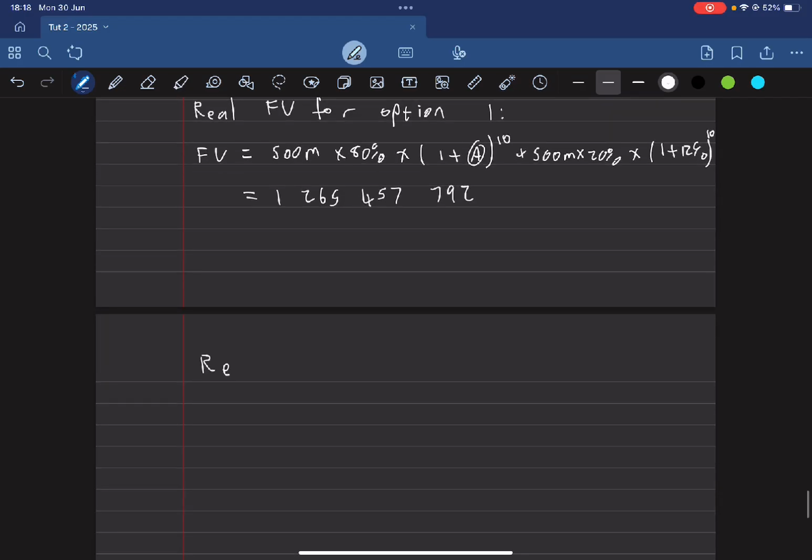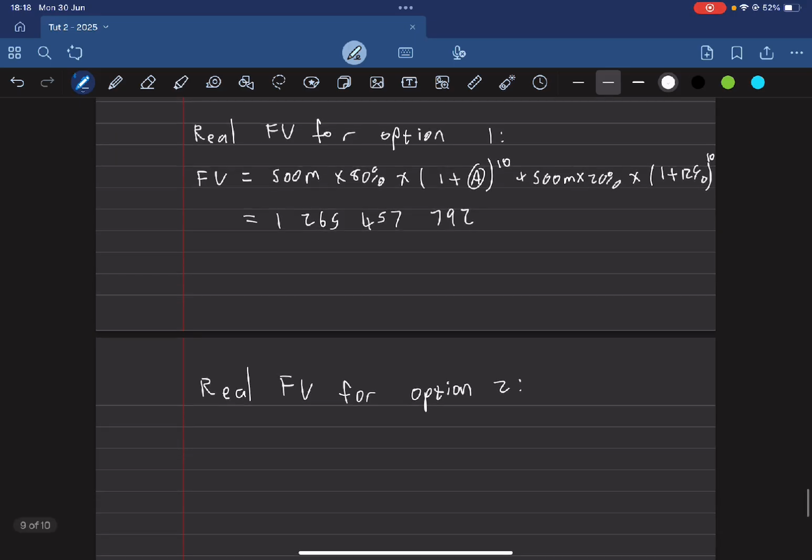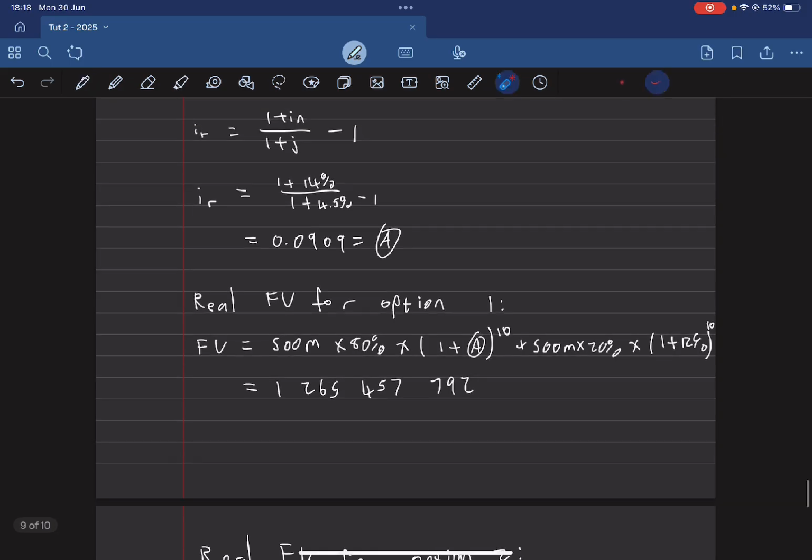Now let's work out the real future value for option 2. Option 2 is the one where he only has money in the bank. So for the future value, we don't need to do any of this 80%, 20% stuff. It's all going to be the 500 million. So it's going to be 500 million multiplied by the same thing, because we're moving the 500 million forward 10 years at a return of this.